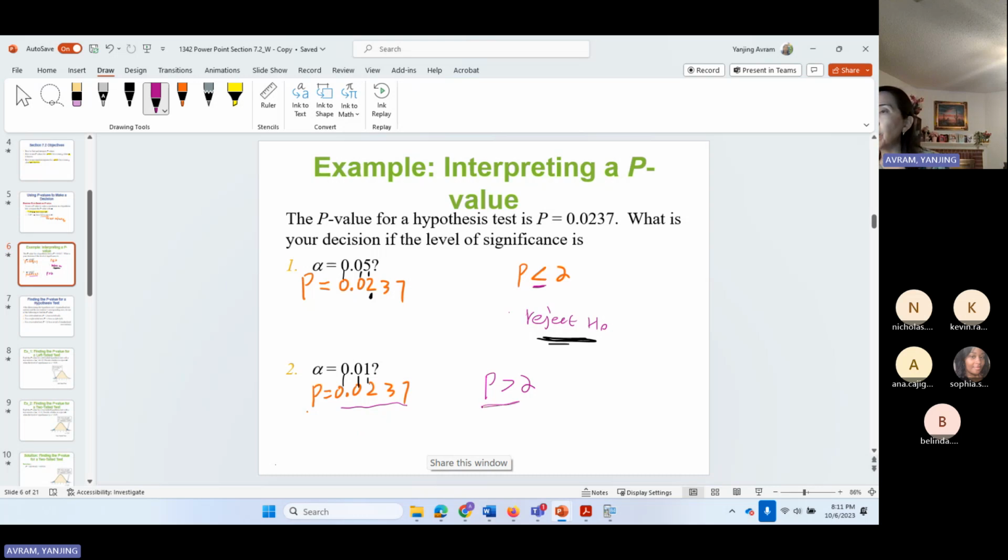This time p will be greater than alpha. So p greater than alpha, what do we do? Do not reject. When p is greater than alpha, do not reject, or you can say fail to reject the null hypothesis. Whatever makes more sense to you, you can use either sentence.